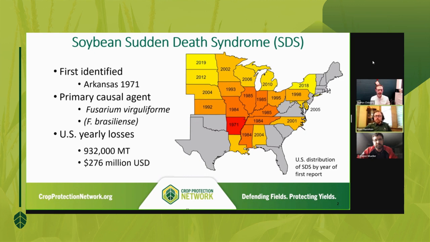The primary causal agent of SDS is Fusarium virguliforme, at least in North America, but Fusarium brasiliense also has been detected in certain locations. Average yield losses to SDS total over 932,000 metric tons with an economic value of 276 million US dollars.